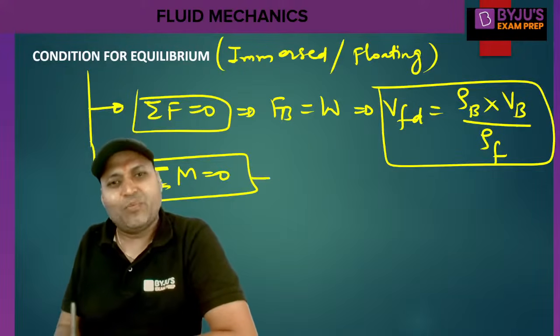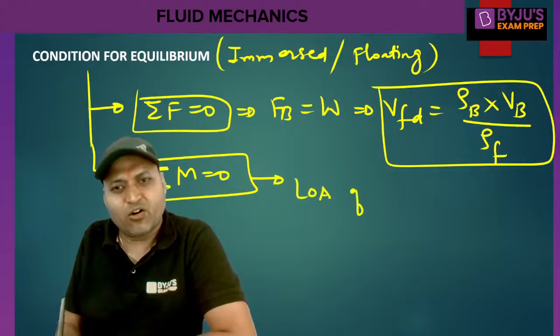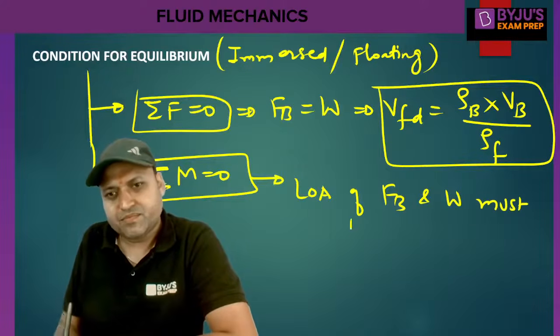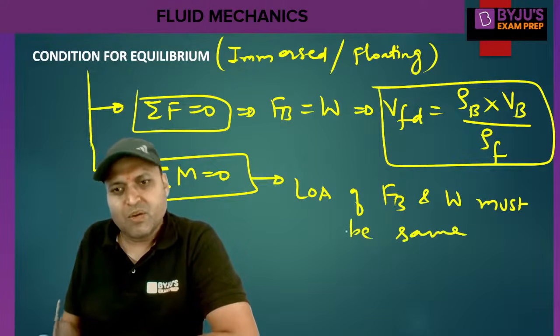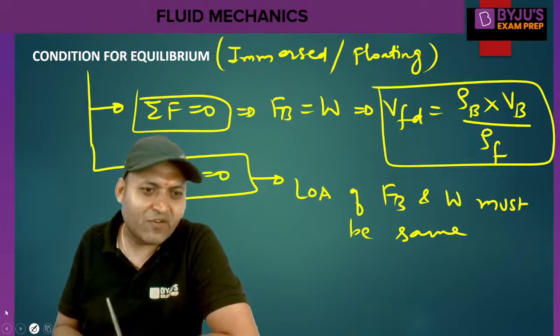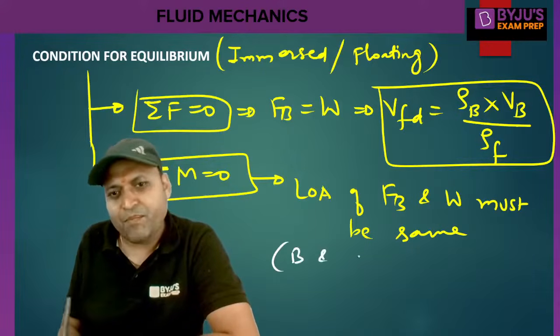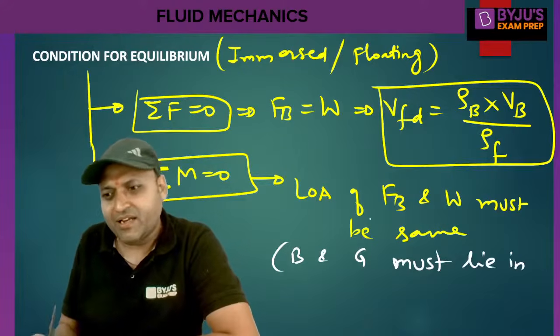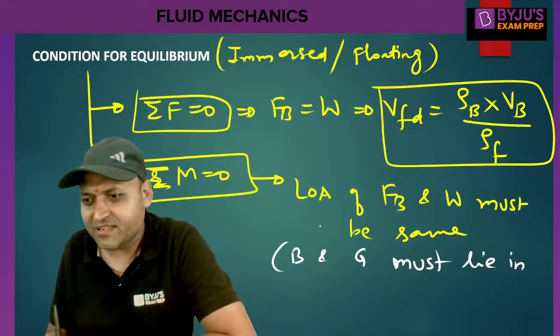For rotational equilibrium, the line of action of buoyant force and weight must be the same. B and G must lie in the same vertical line.